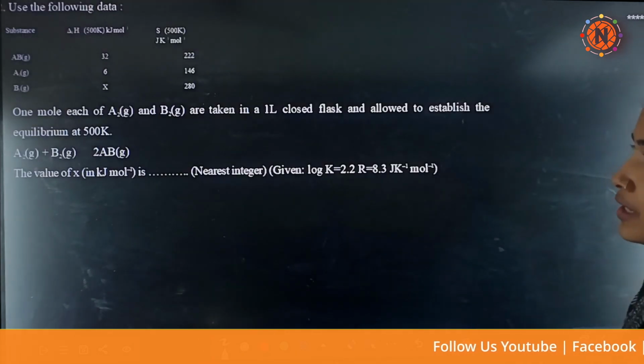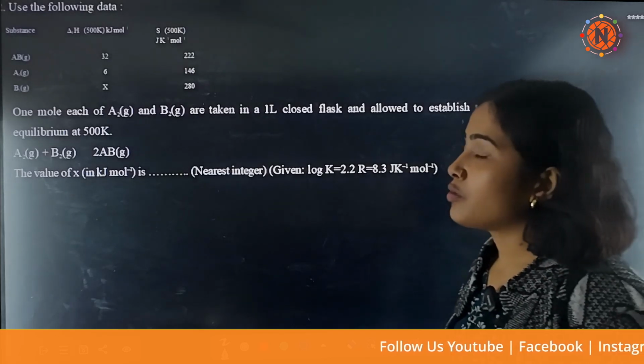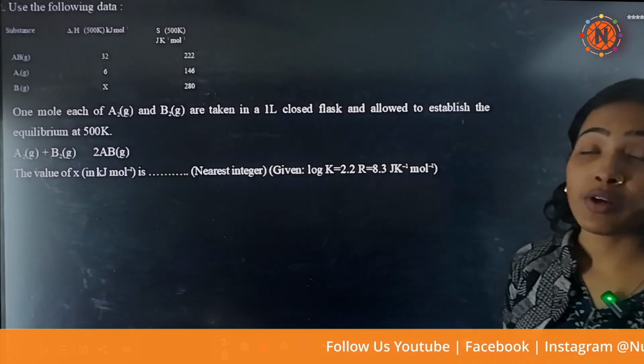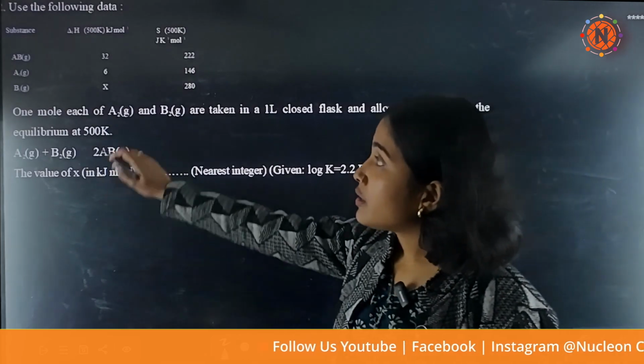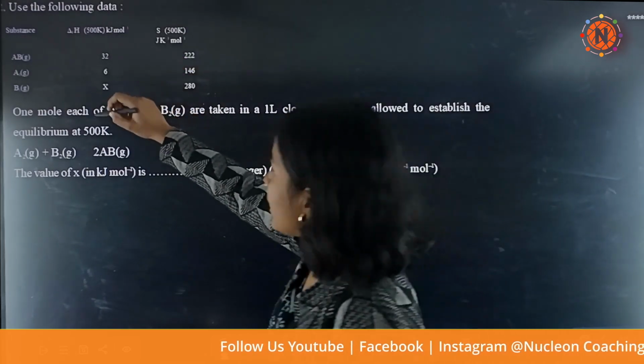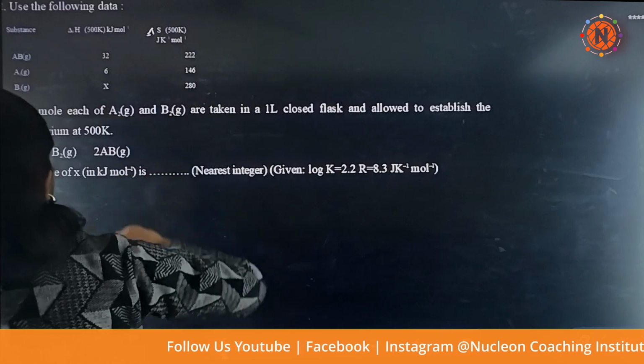Moving to the next slide. So in this slide, we are talking about the thermodynamics topic, where delta H and delta S values are given to us.